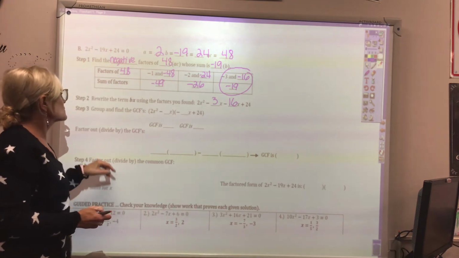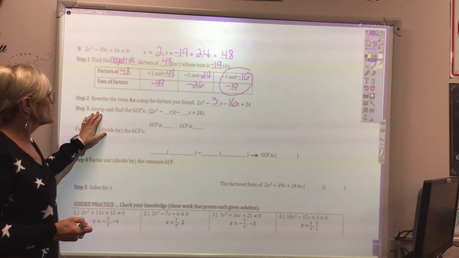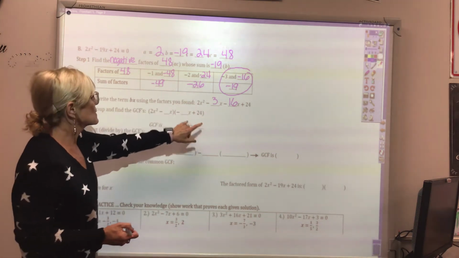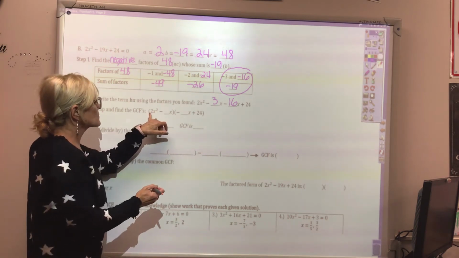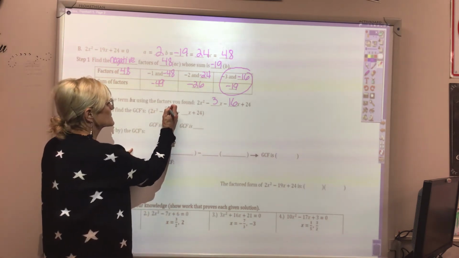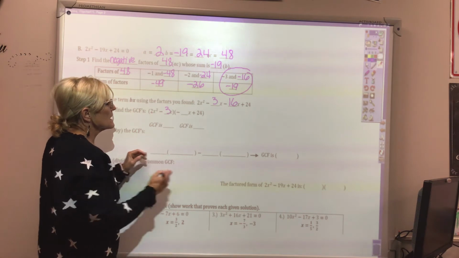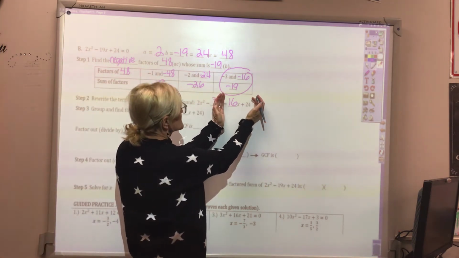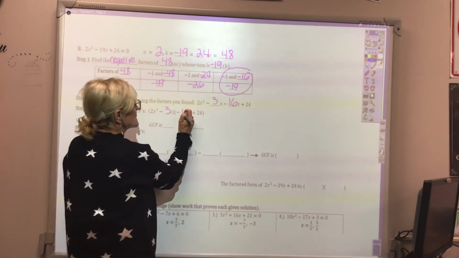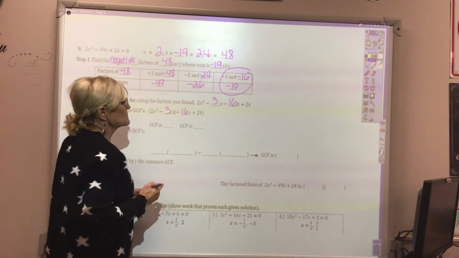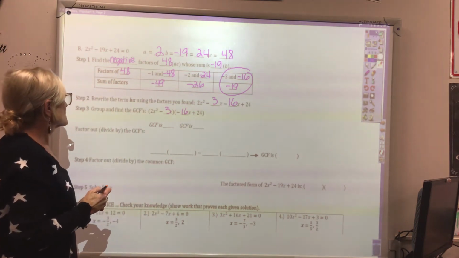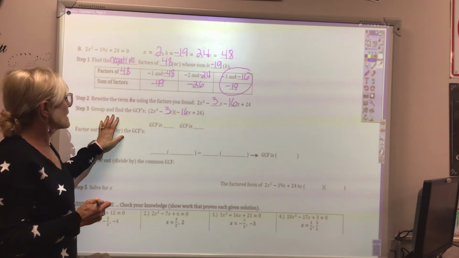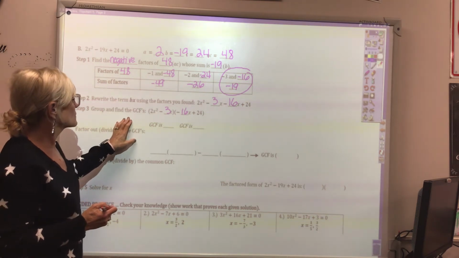Then what you do is you group the pairs. So I'm going to group 2x squared minus 3x in one parenthesis, and then I'm going to group the rest of it, negative 16x plus 24, in the second parenthesis. Now we find the greatest common factors in the groups.